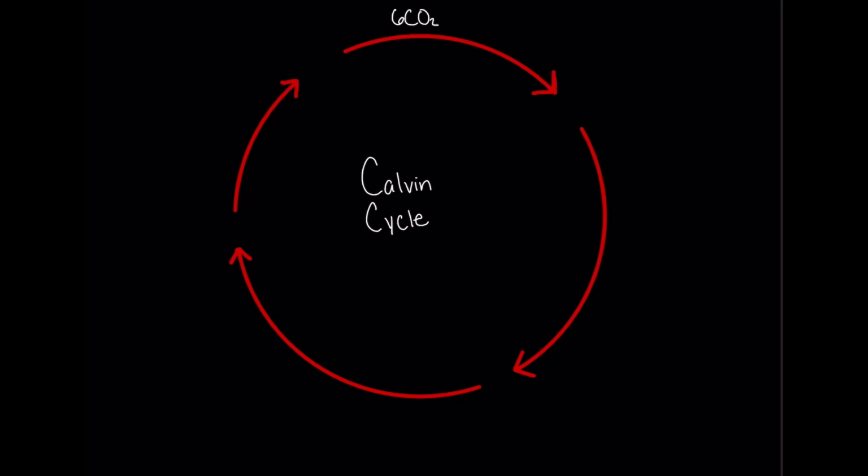I'll be showing you what those carbon compounds are at the end. So they combine with the step 4 carbon compounds to form a molecule called 3-PGA. And there are 12 of these, 12 3-PGA. And this is the first step, the carbon dioxide going into the cycle.